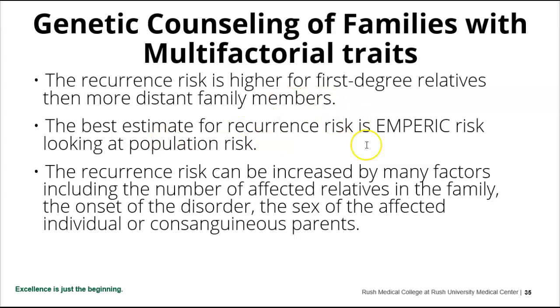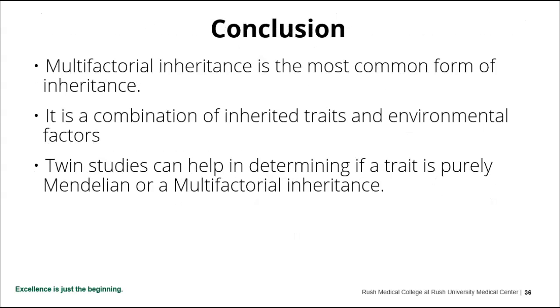The best estimate for recurrence risk, again, is the empiric population risk. Recurrence risk can be increased by a lot of factors, including the number of affected relatives in the family, the onset, the sex of the affected individual, and sometimes if the parents are consanguineous.